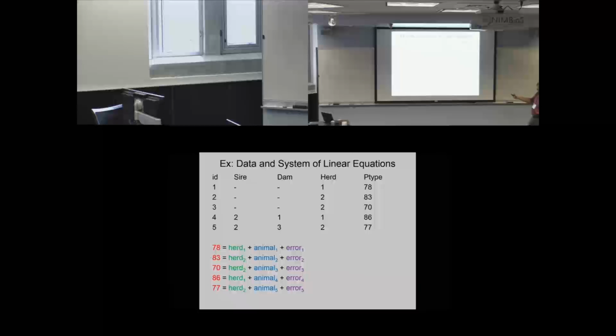Animal number 2 has a phenotype of 83. It belongs to herd 2. It's animal number 2, so that's easy, and error number 2 goes along with it, and so on and so forth for the other 3 individuals. Is everybody happy with our toy data set here? Okay, well, let's start looking at what all these vectors and matrices are then.